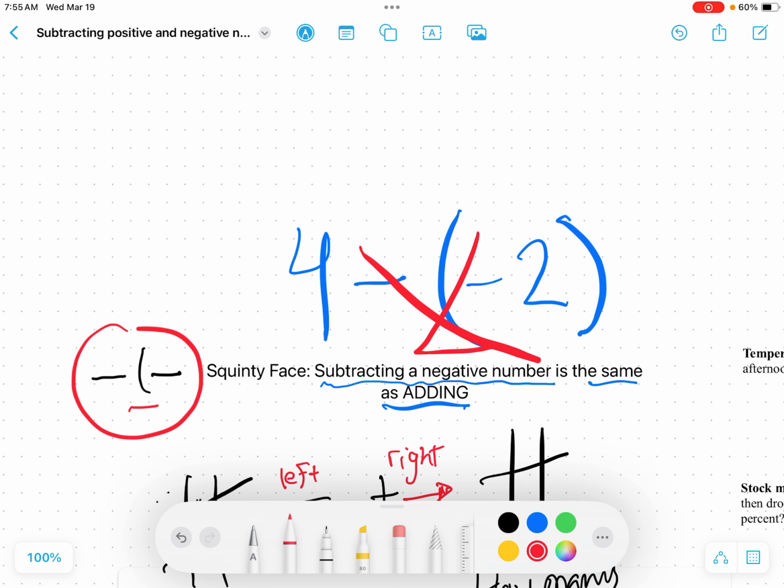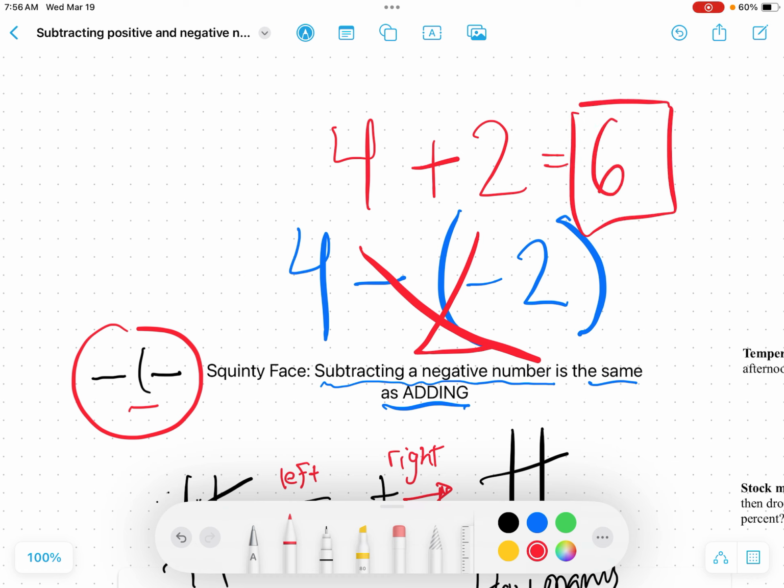Subtracting a negative is the same thing as adding. If you've ever heard the saying, 2 wrongs make a right, you can kind of relate that to squinty face. You got the 2 negatives and it makes that positive. So 4 subtract negative 2 is actually 4 plus 2, which is 6.